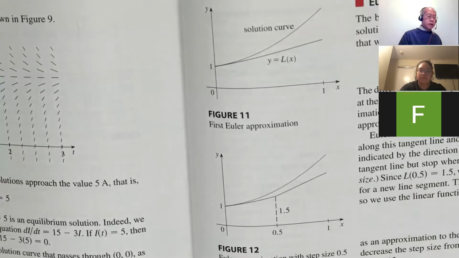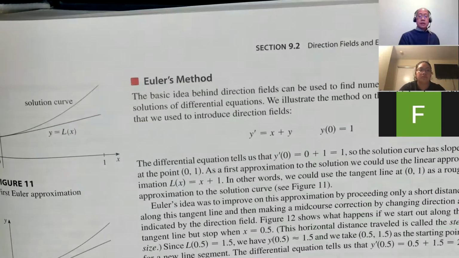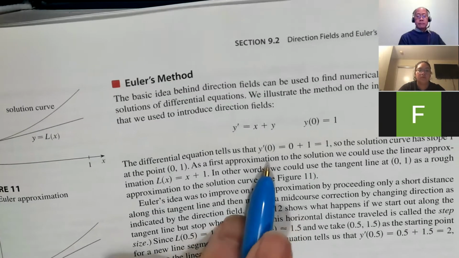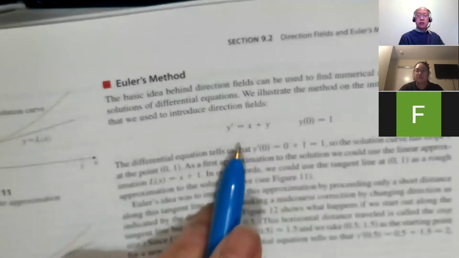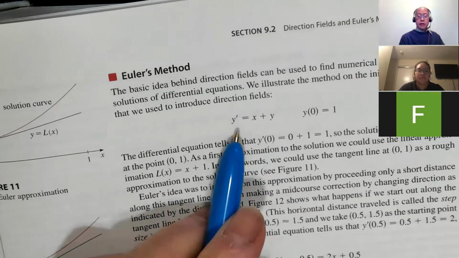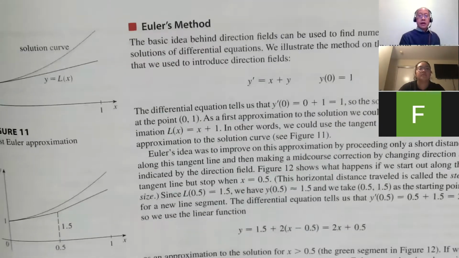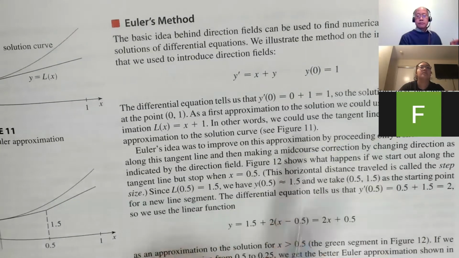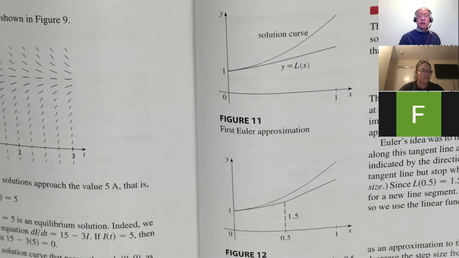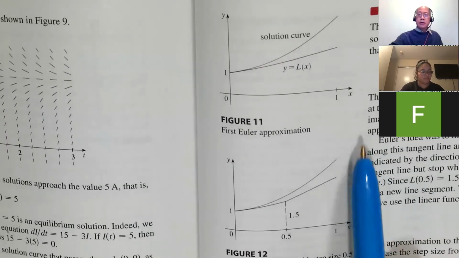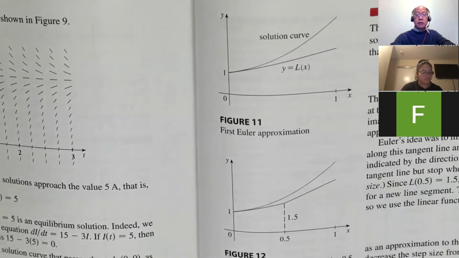You're given a differential equation. Let's say y prime equals x plus y. We can make a slope field, right? You can make the chart and so forth and go from there. And they give you an initial condition. So based on that information, we're supposed to guess or predict what happens after that.